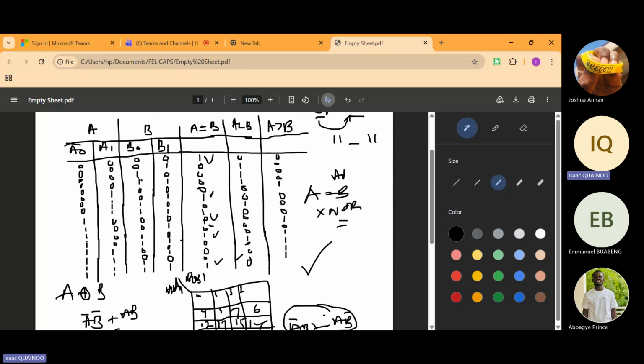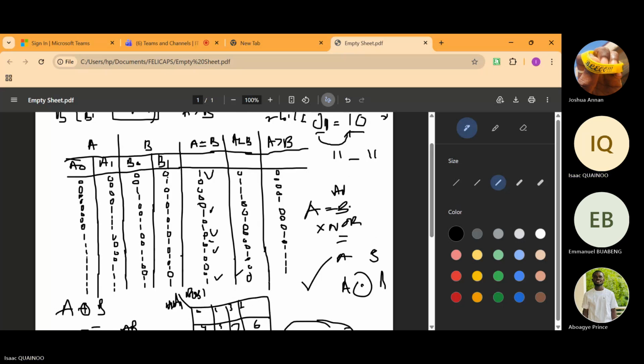So for example, if you have a 1-bit magnitude comparator, that is A and B, your A equals B is going to be A XNOR B. So just do the same when you have 3 input variables or 4 input variables.